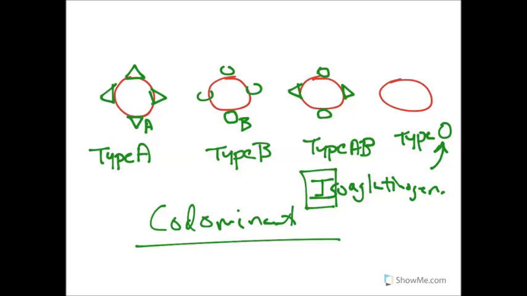Now, to do this, let's first start off and say we have either A, B, or A and B. If you don't have any of them, you're type O. So there's really only 3 alleles. You have A, you have B, and you have O is the technical difference, and then you get this AB.